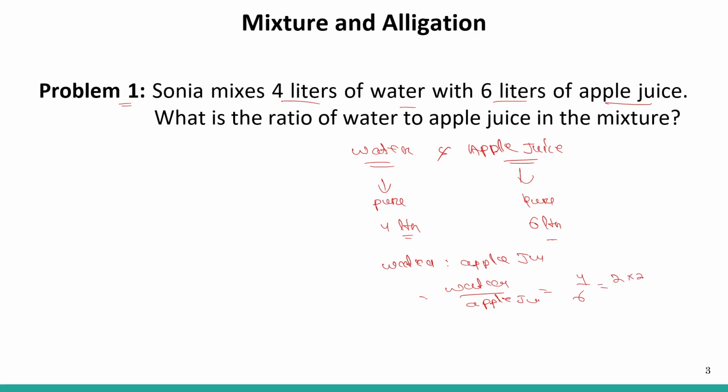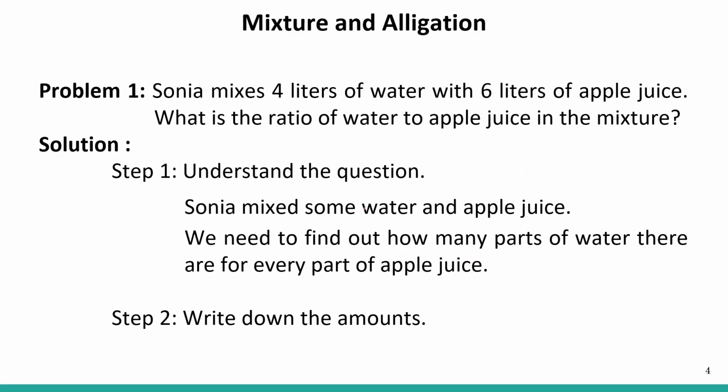Simplifying it, 2 into 2 by 2 into 3. Cancelling 2 from numerator and denominator, we are left with 2 by 3. So 2 by 3 is the correct answer. We have derived the answer right here.